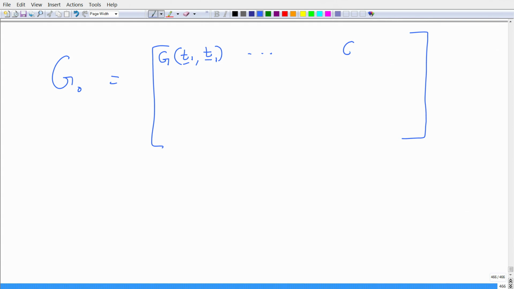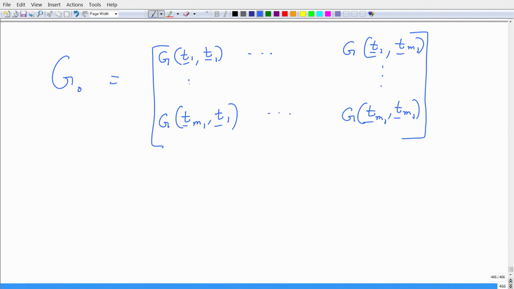This is our Gram matrix. And this is square.